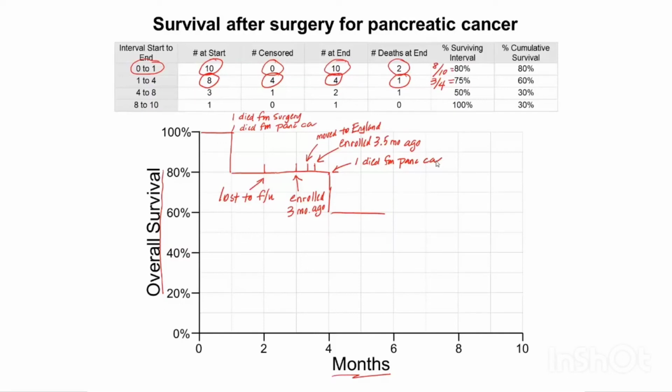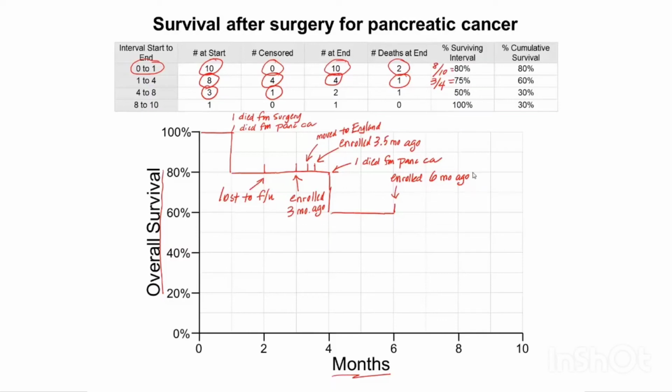And then we move out. Now we have 3 patients left. We're going to have another patient who's censored at this point. That patient entered the study 6 months ago. Only followed for 6 months.